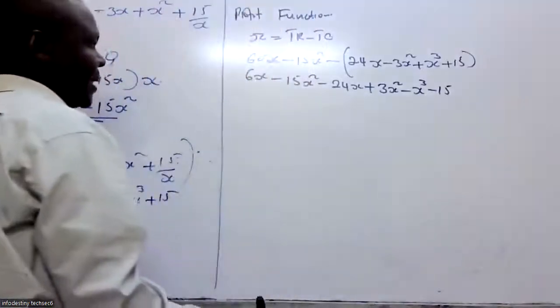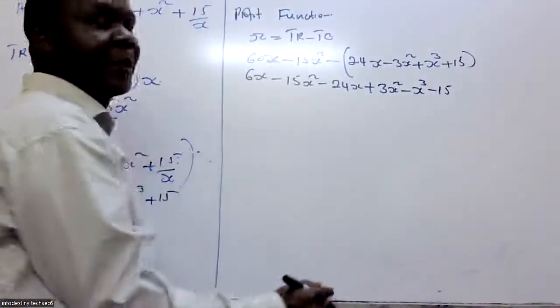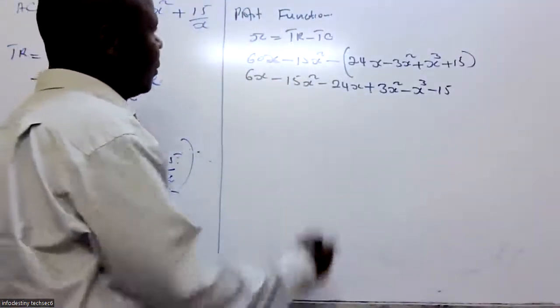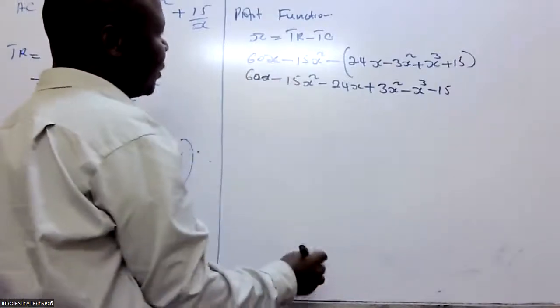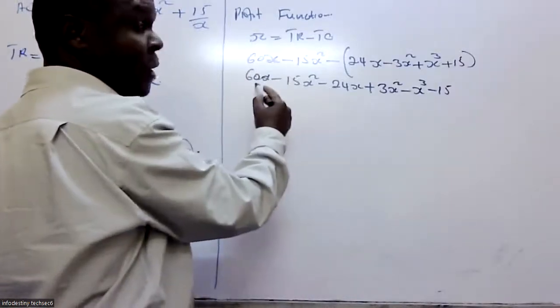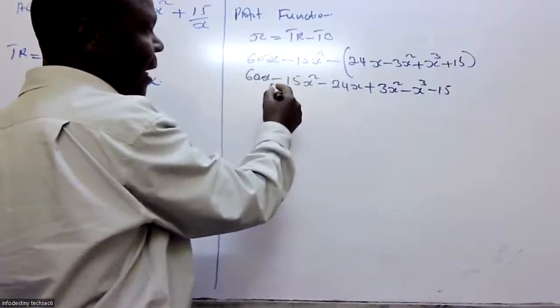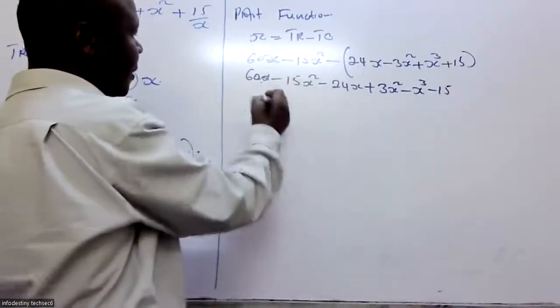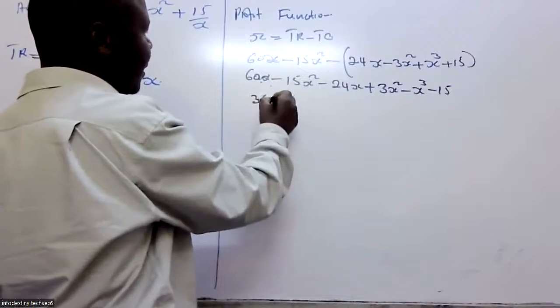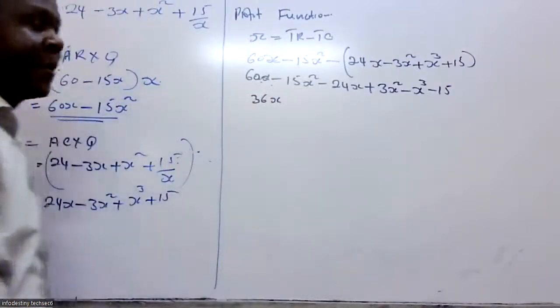So we collect the like terms. Remember, this is a negative, this is a positive, and this is x, and this is x. We are together. So this one and this is going to give us what? 36x.